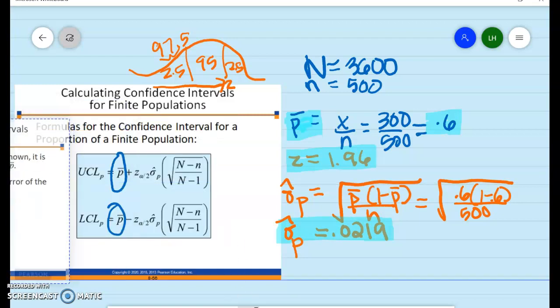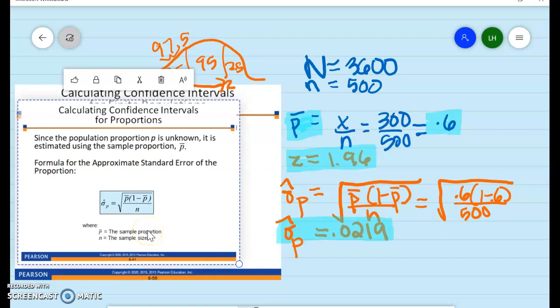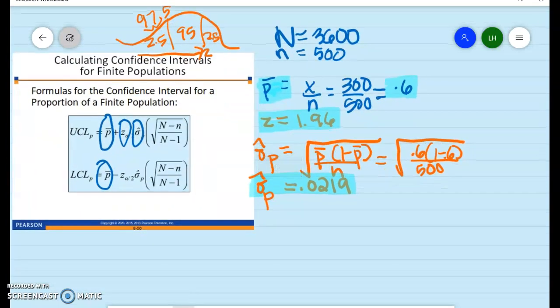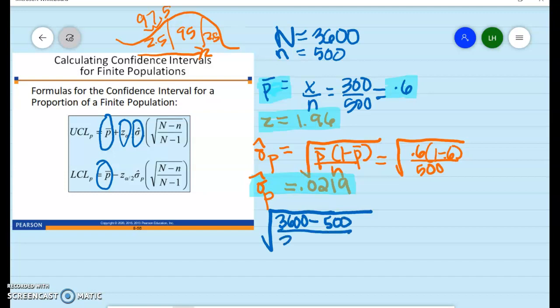Now, moving that out of the way, we did this, we did this. Now we need to get our finite population correction factor. So we're going to do the square root of 3,600 minus 500 over 3,600 minus 1.